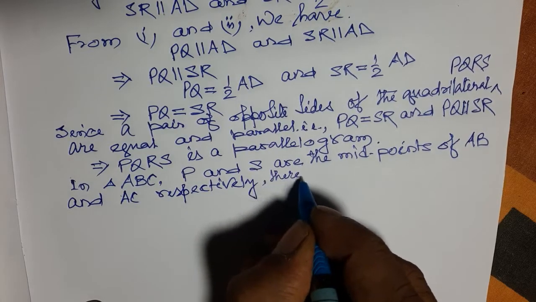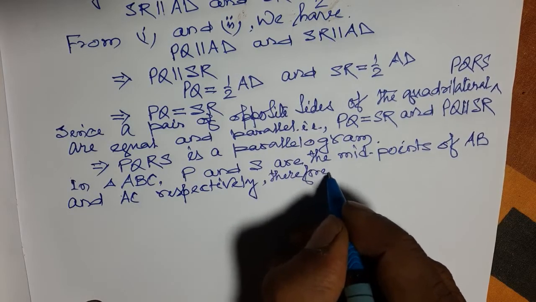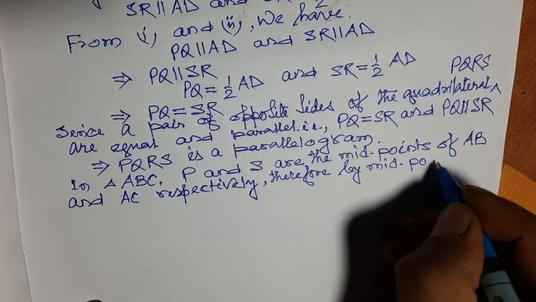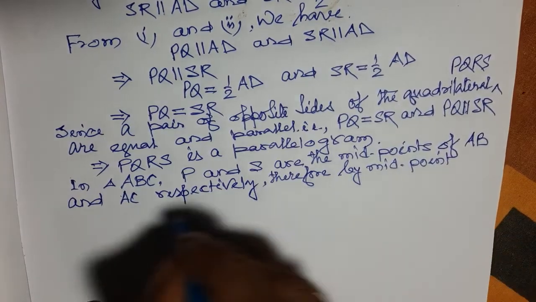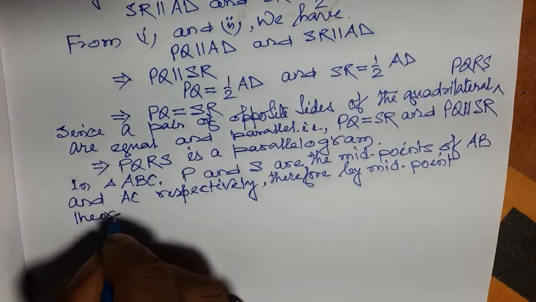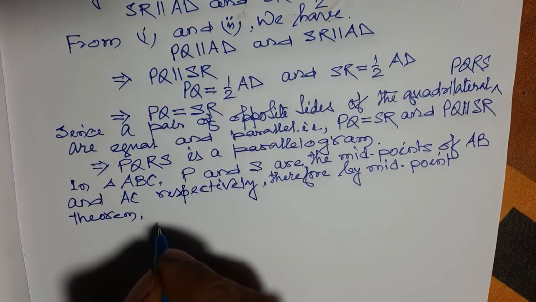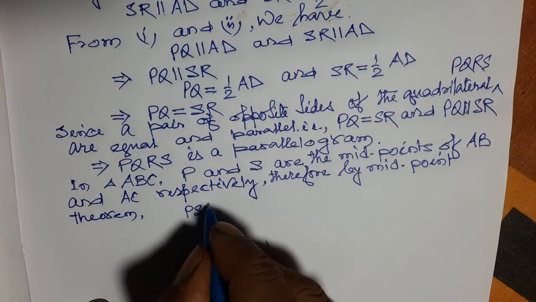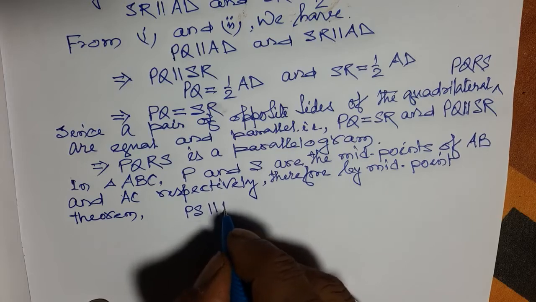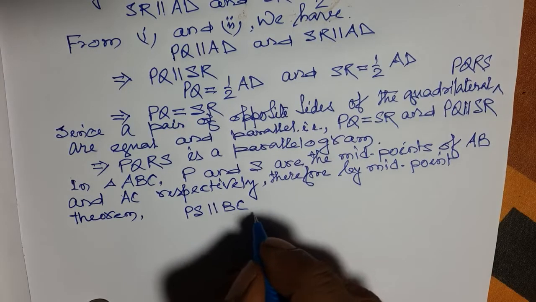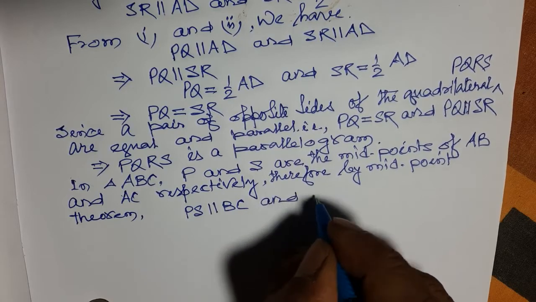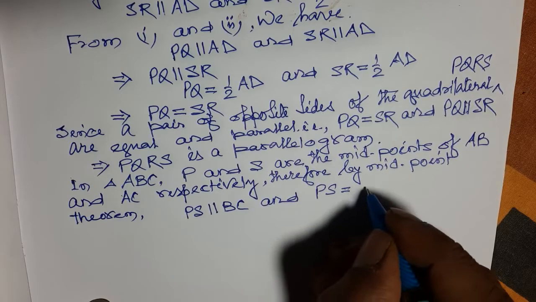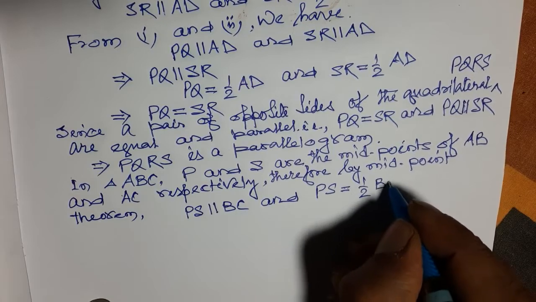Therefore, by midpoint theorem, PS is parallel to BC and PS is equal to half of BC.